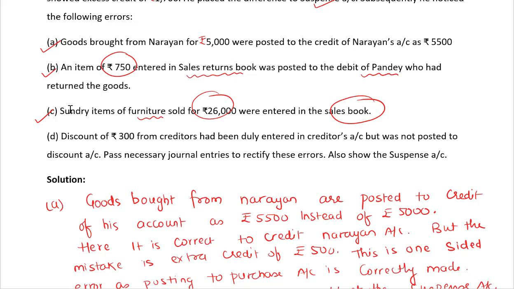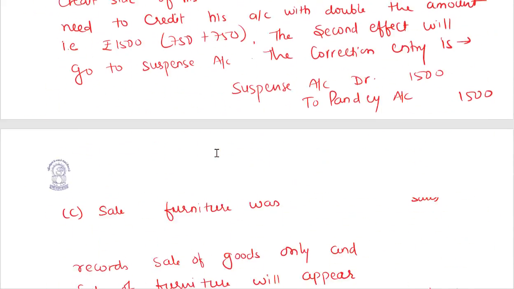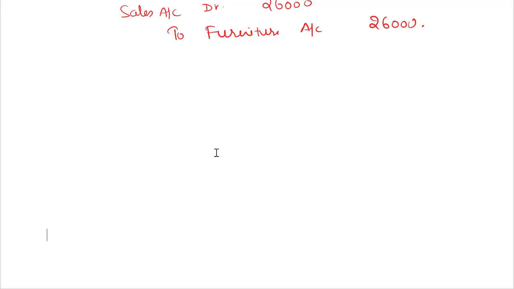The fourth, that is the D, discount of 300 from the creditor has been duly entered in the creditor's account but not posted in the discount account. This is discount received because creditors give us discount and we receive discount. Okay, 300. Just pass the rectification entry over here.